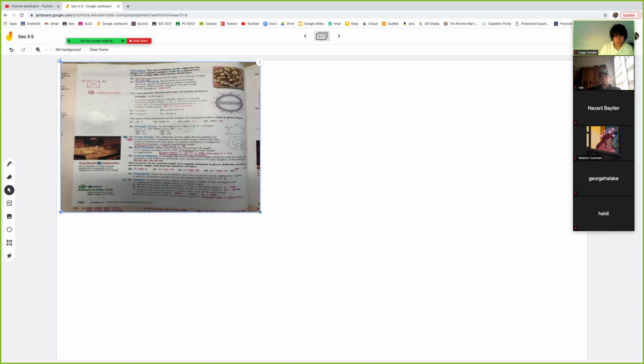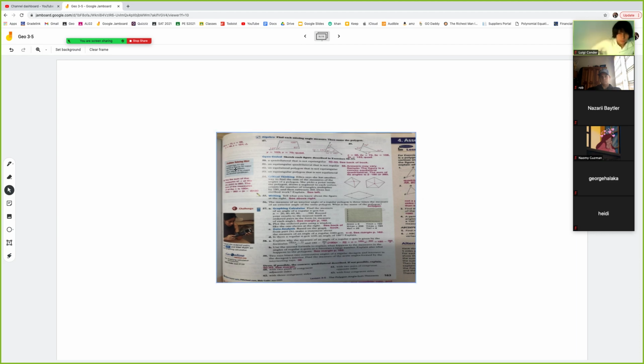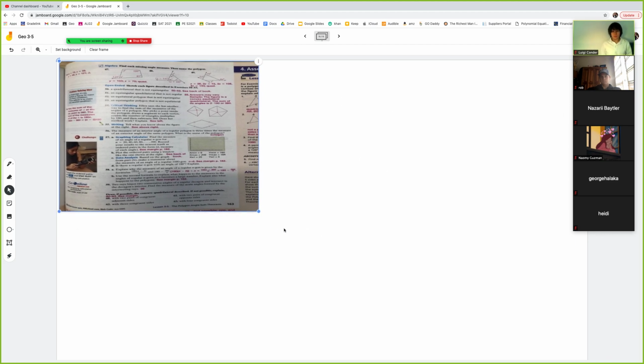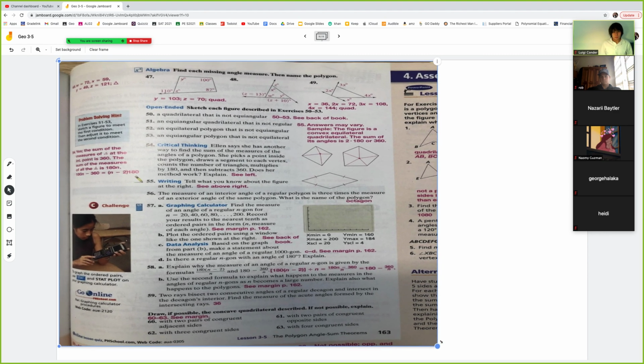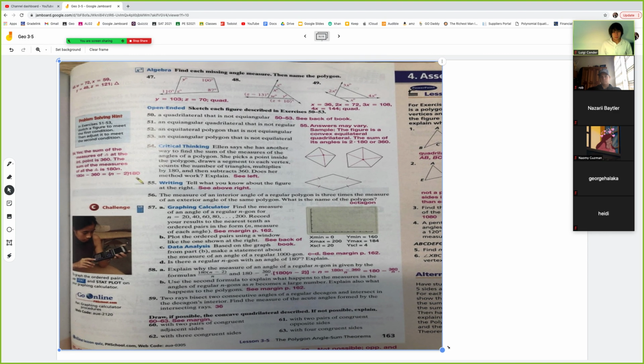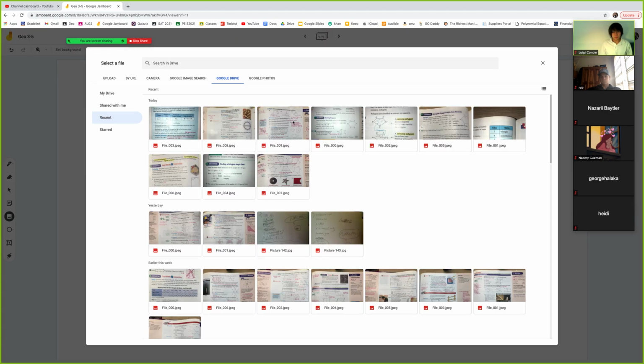Here you have in the Jamboard questions from the book. More questions from the book. There should be one more page of questions from the book, which would be page 161. One second.